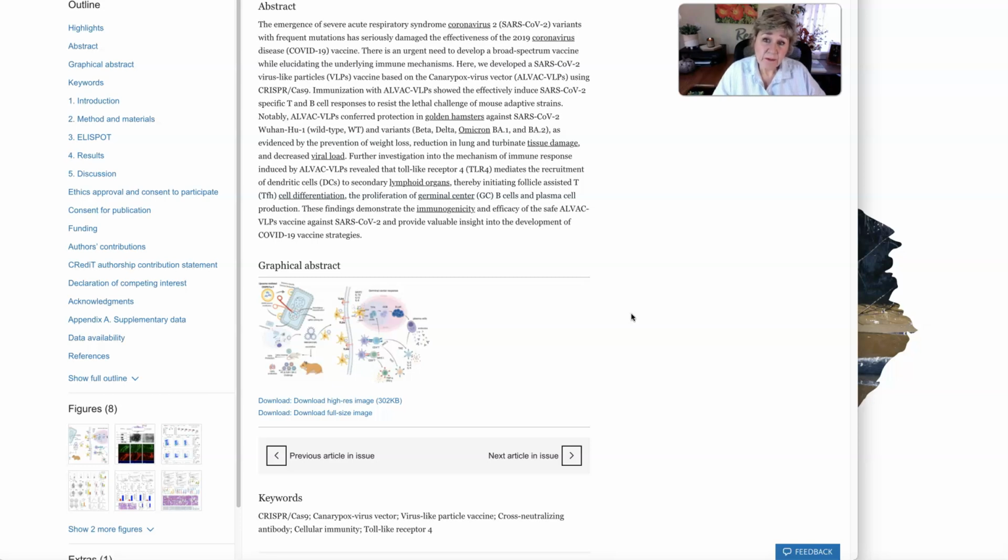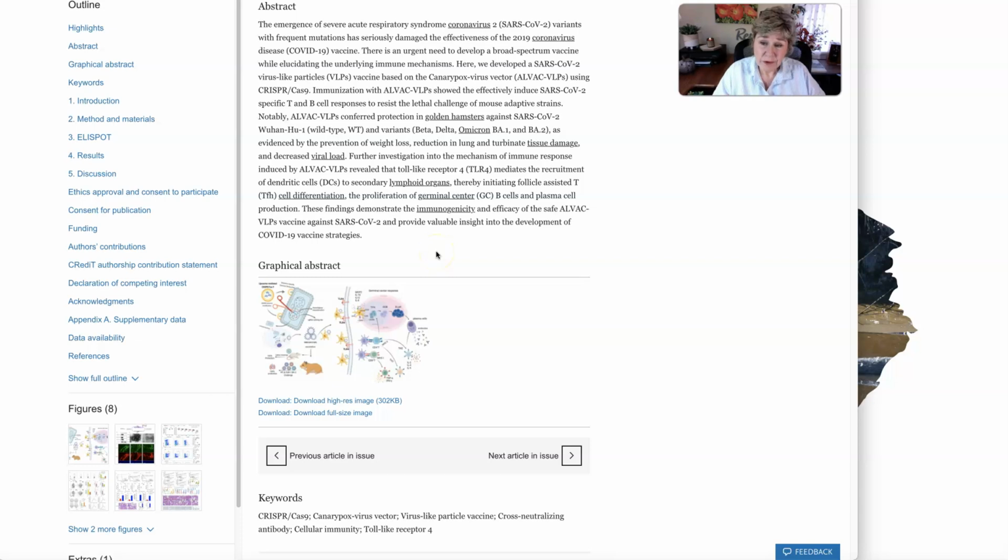So we've got to find a way to make new vaccines quickly and in response to new variants. And that's what the rest of this is describing. So here we developed virus-like particles, and so on, immunization, and so on, golden hamsters. Further investigation into the immune response revealed that there was recruitment of immune system cells, and so on.